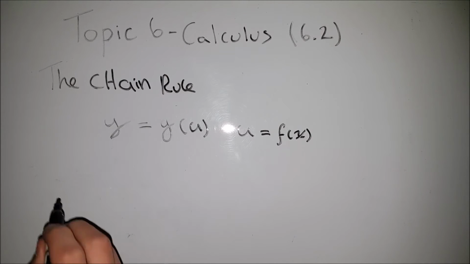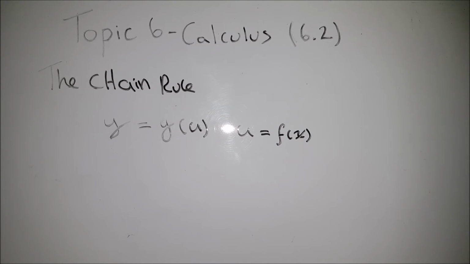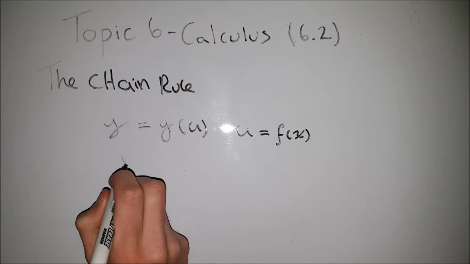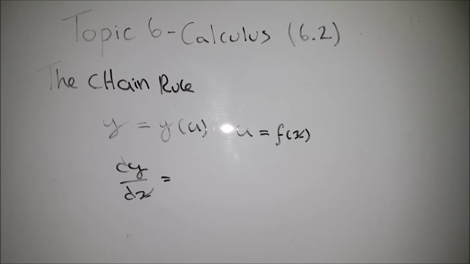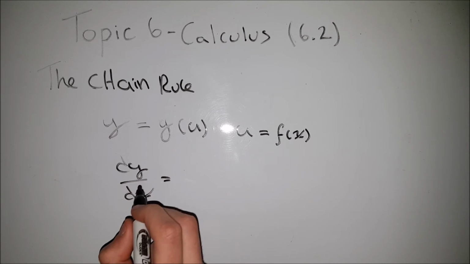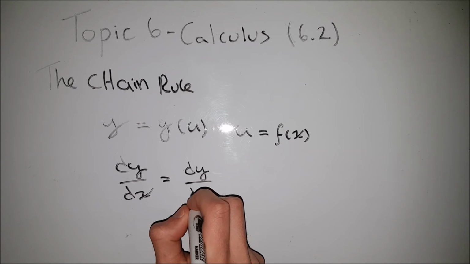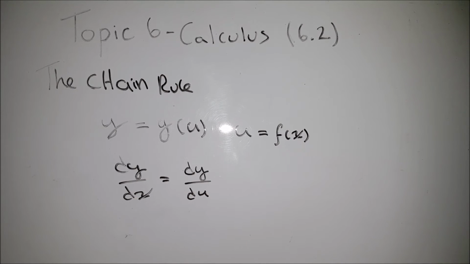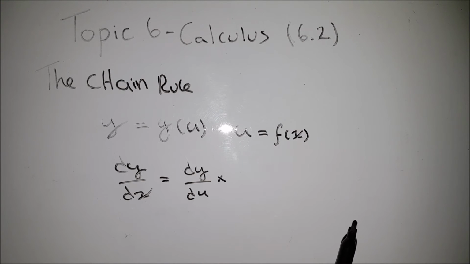Then if we wanted to find the first derivative of this function, we'd say dy/dx is basically the derivative of the first function, so dy/du, times the derivative of the function inside of the function.